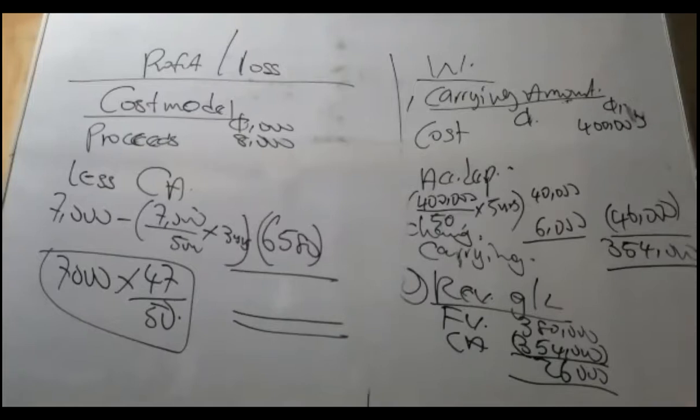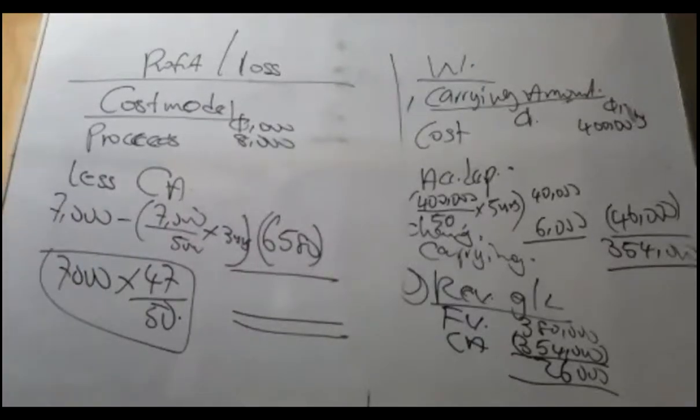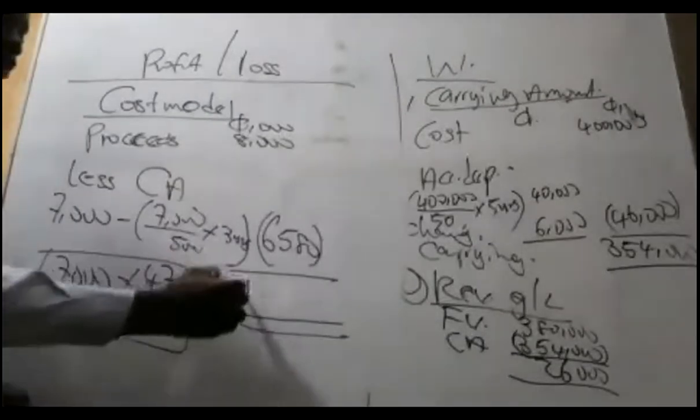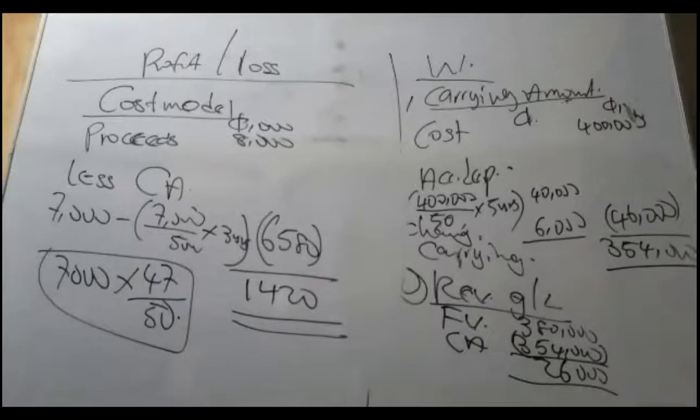In the exam, by the time you realize you're looking for the carrying amount, time is gone, so we can adopt these shortcuts. So 8,000 minus 6,580 will give us 1,420. Good. So that is the profit.